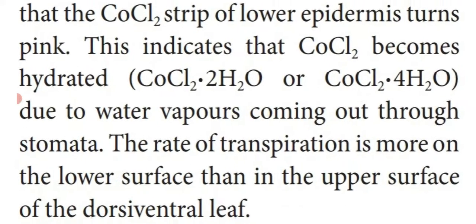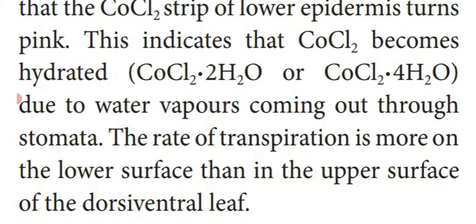The rate of transpiration is more on the lower surface than on the upper surface of the dorsiventral leaf, because the lower surface contains a large amount of stomata. So through the stomata the water molecules are liberated and change the cobalt chloride color into pink color.